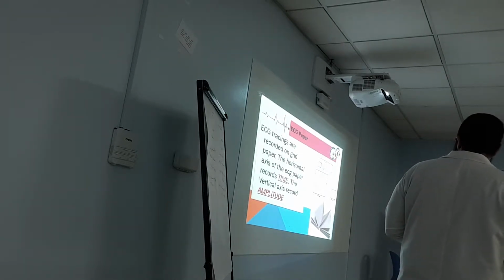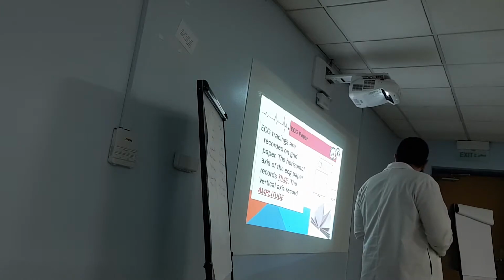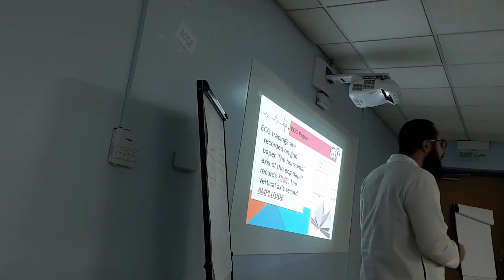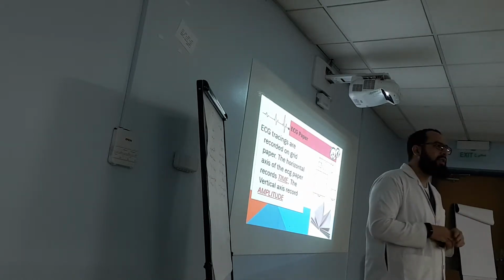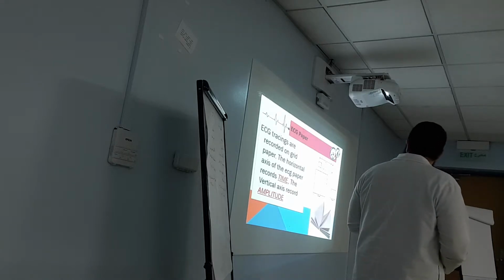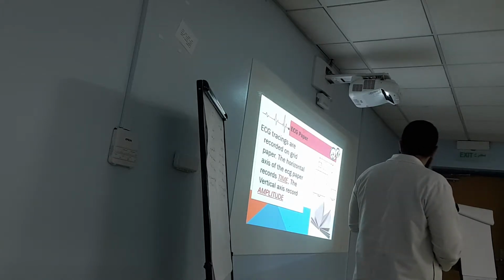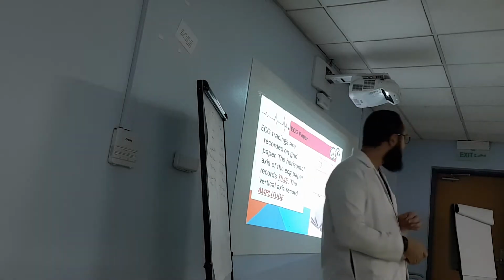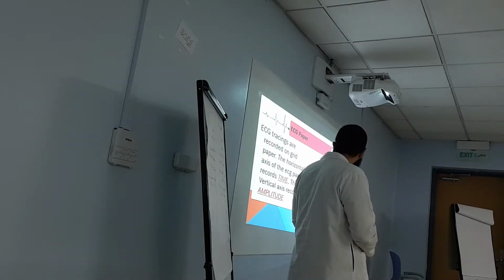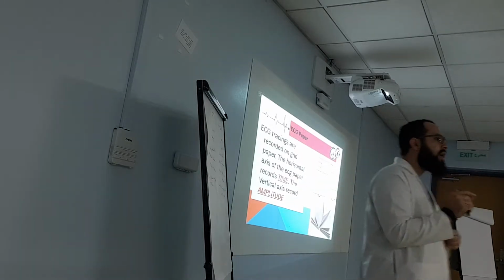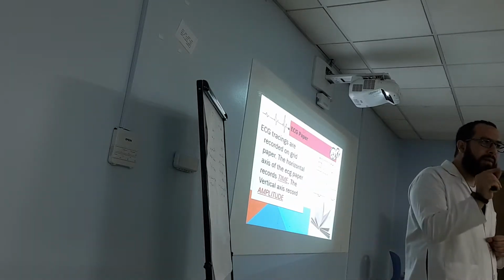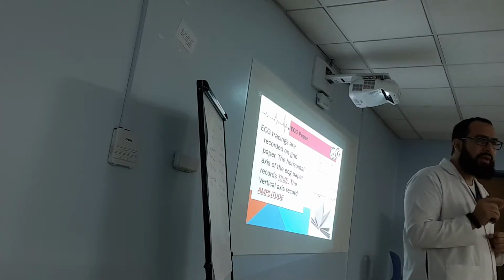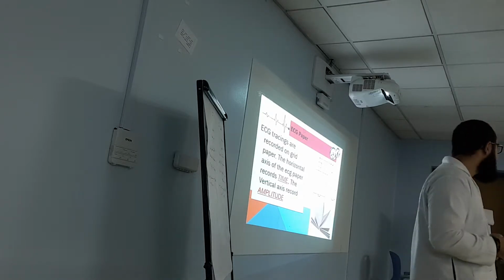So it has the measurements in the normal metric system using centimeters and millimeters. If you measure with a ruler, it will measure 5 millimeters for the large squares, and inside those large squares are small squares, each small square 1 millimeter. 1 millimeter in the width and 1 millimeter in the height.